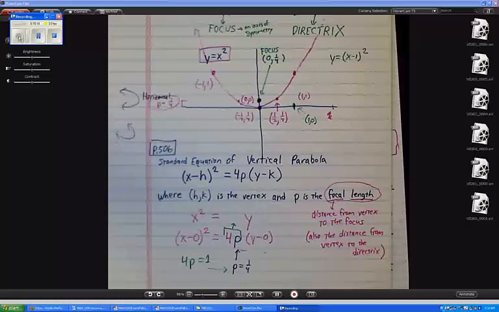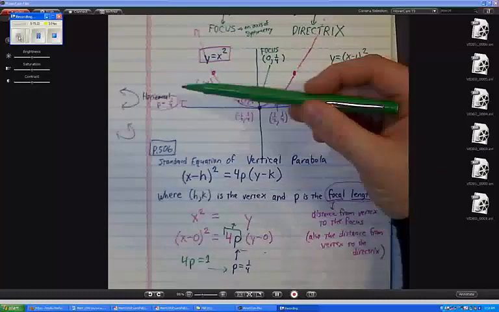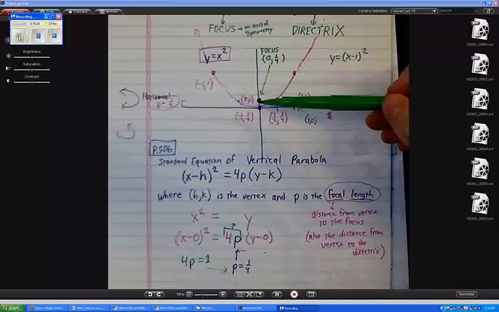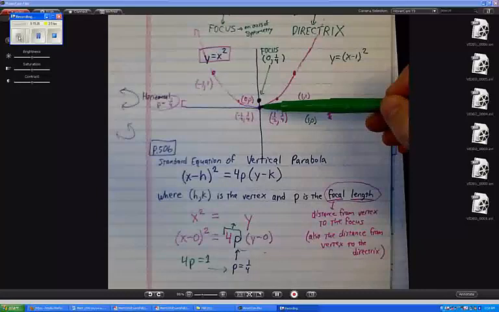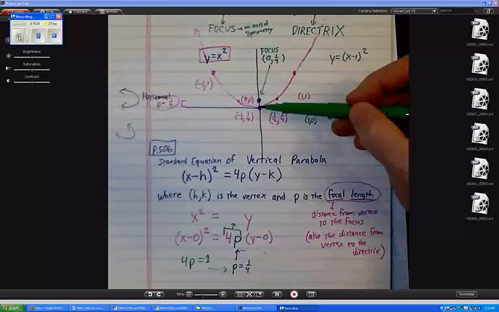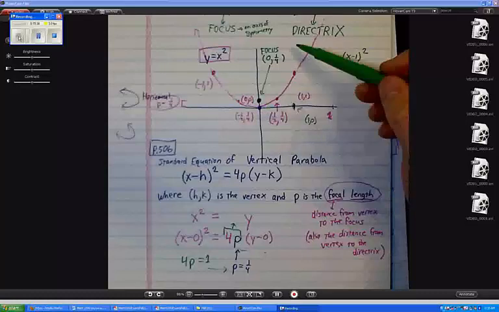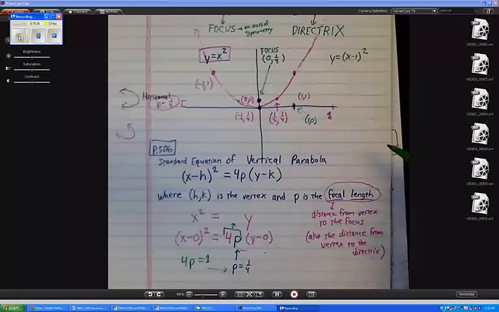As we were discussing in our very enthusiastic discussion, the focal distance of 1/4 is the distance from the focus to the vertex. But it's also the distance from the vertex to the what? What's that other word called? Oh yeah, I didn't draw the directrix yet. Now where's the directrix?